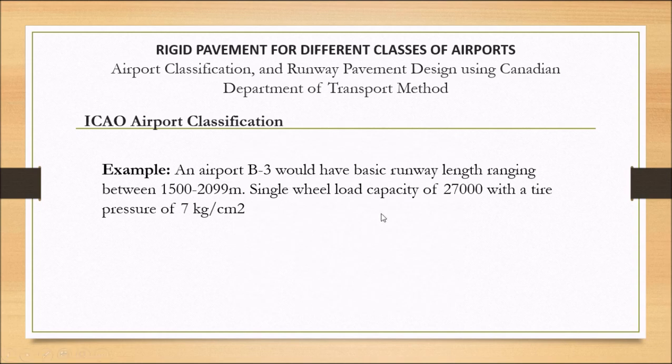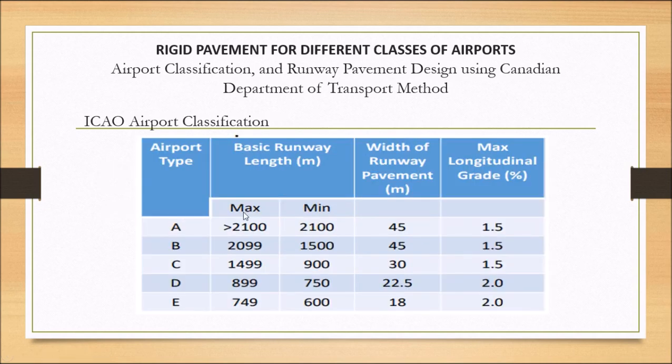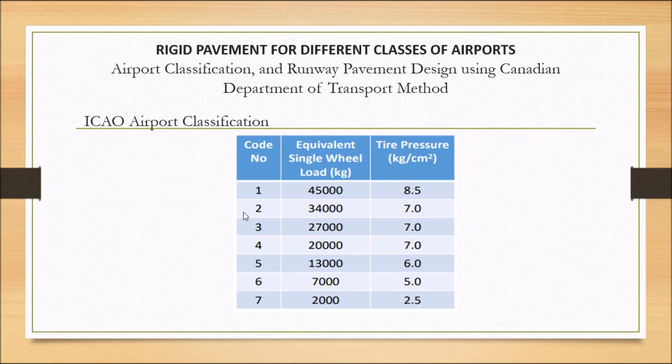Then, a single wheel load capacity of 27,000 with a tire pressure of 7 kg per square centimeter. So go back and verify for that same airport B3. The code is 3. So when you come to 3, you can see it has an equivalent single wheel load of 27,000 and tire pressure of 7 kg per square centimeter.